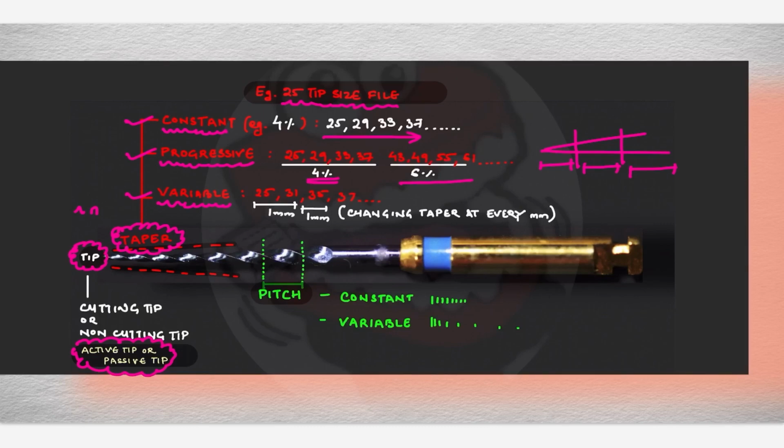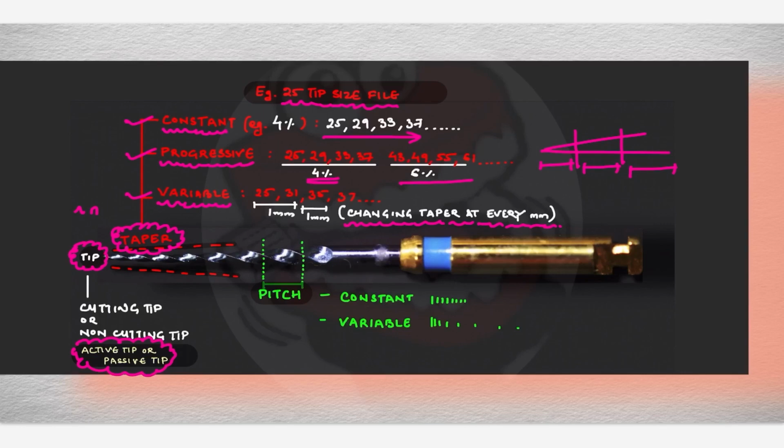Either it would be 4%, then in the next millimeter the file would show a 6% taper, then in the next millimeter again an 8% taper, then again in the next millimeter a 6% taper. So there would be a changing taper at every millimeter of the file as we go from the tip of the file further. So this was about the 3 things: the constant taper, progressive taper, and the variable taper.